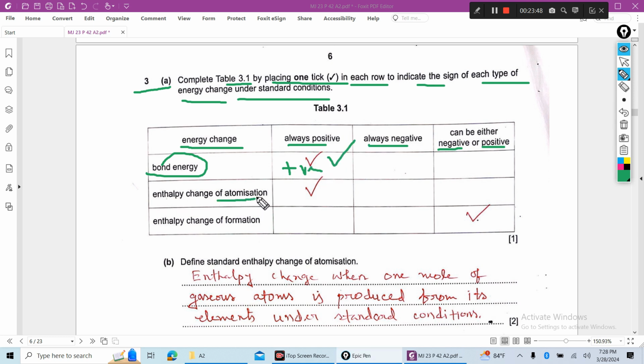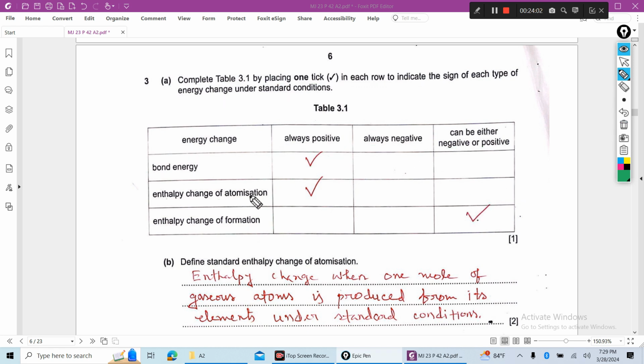Enthalpy change of atomization always positive, energy is needed, so this positive. And enthalpy of formation, mostly negative but sometimes it can be positive, so it can be either negative or positive here.